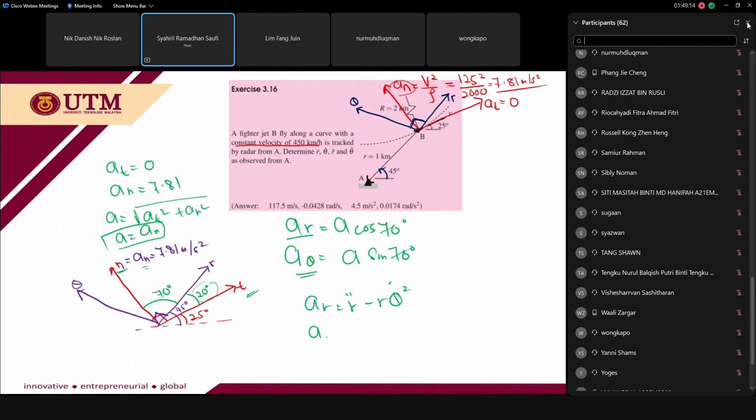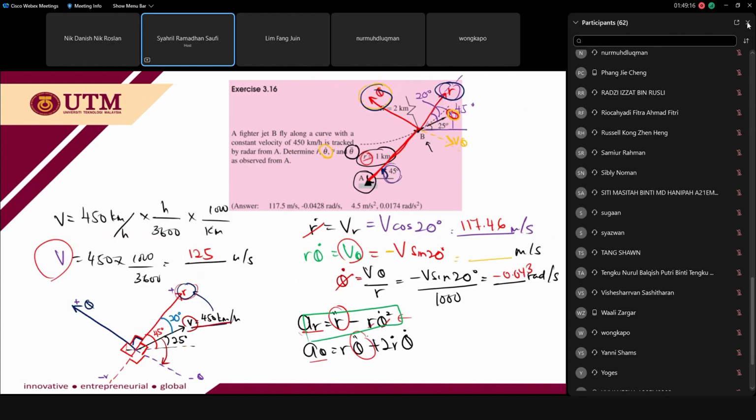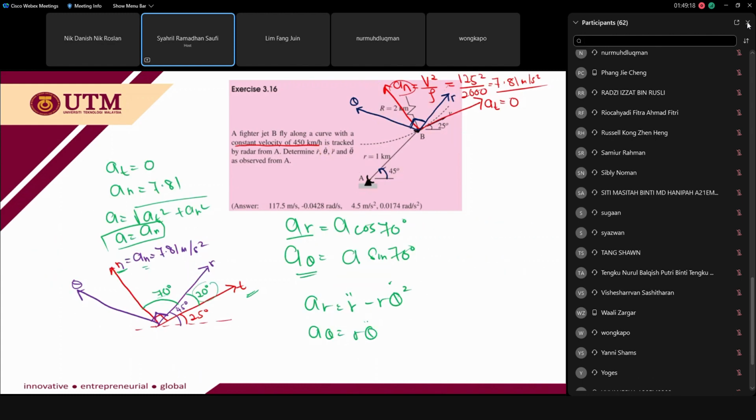A theta is equal to R theta double dot plus 2 R dot theta dot. You know R, theta dot and R dot, so you can determine theta double dot and R double dot. Any questions so far?